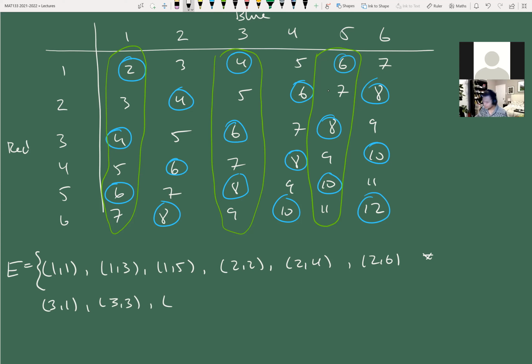Exactly. So there's a follow-up question, which is how would you solve this without a table? I'm going to show you the other way that you would do it, which is just to write out all the possibilities. 3, 5, 5, 1, 5, 3, 5, 5.